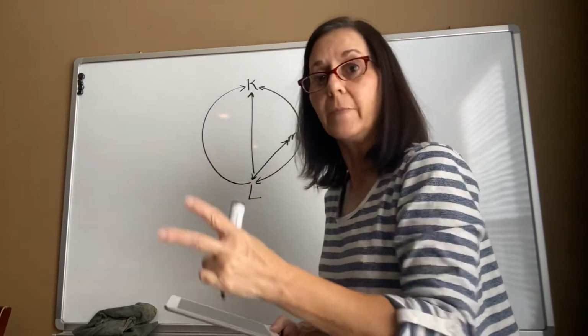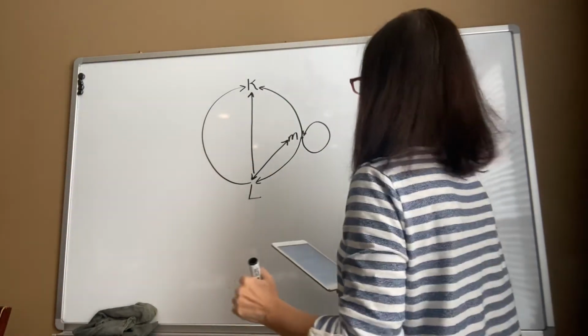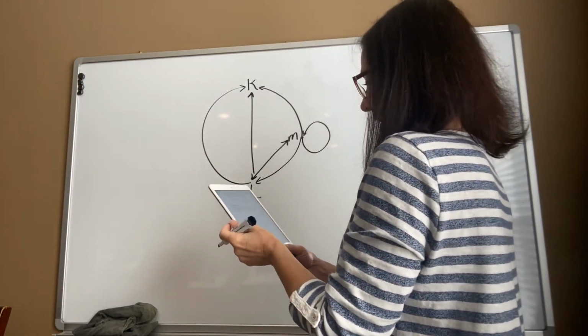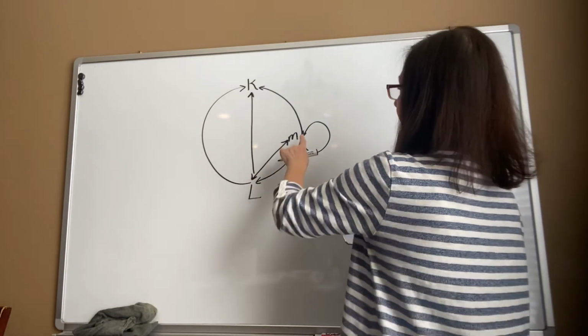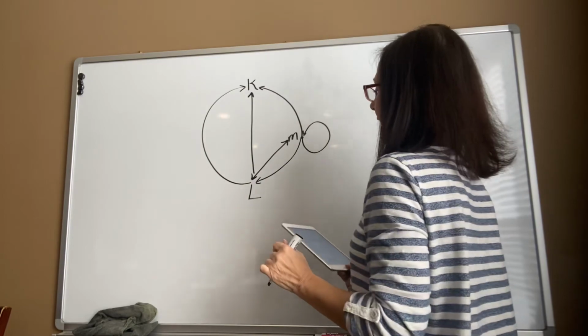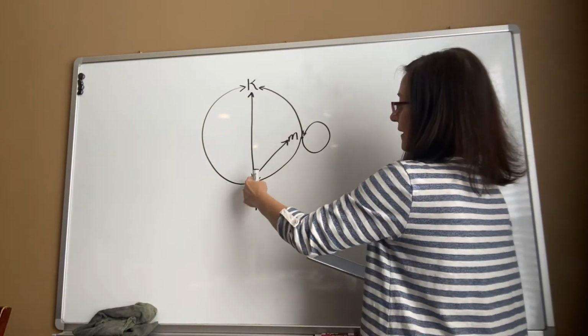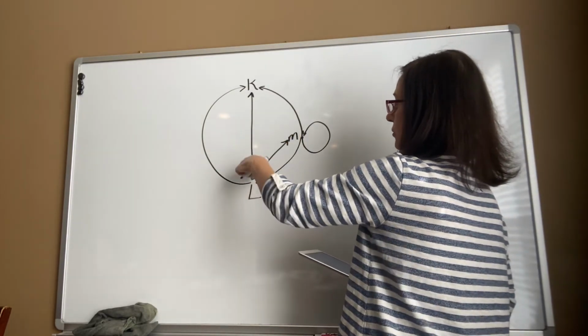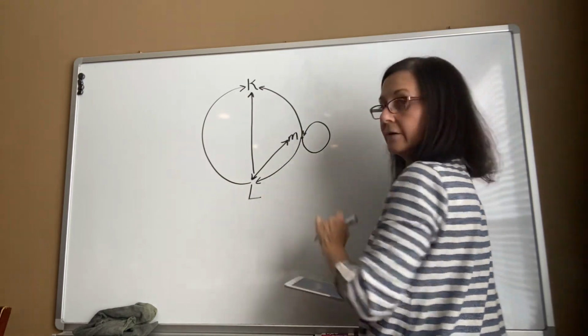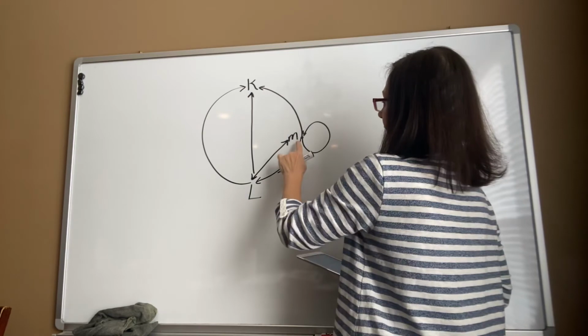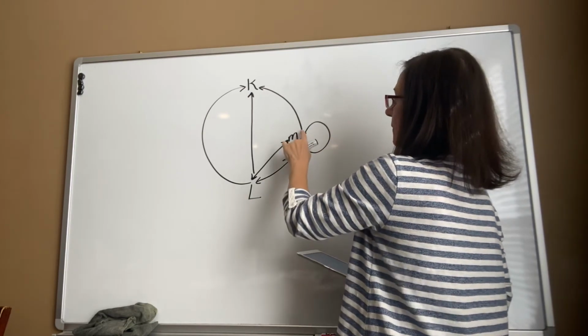So there are actually two paths from L to K. From M to K, there's only one path. All right, look, L not only goes to M, but M also goes to L. There are two paths from M to L, here and here. And M also goes back to itself.